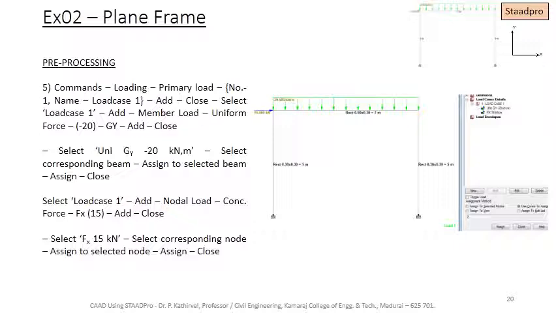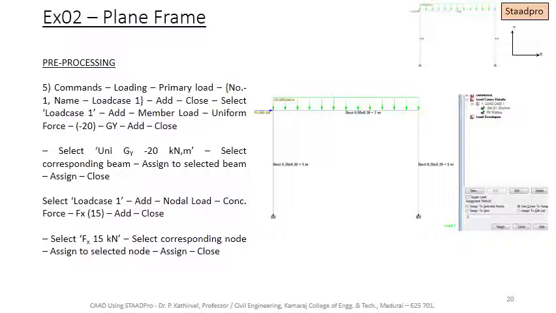So minus due to the downward direction of the load, add and close. So the load gets added but not yet assigned. Now select the load UNI-GY minus 20 kilonewton per meter. Select the corresponding beam, assign to selected beam, assign and close. Now you can see a UDL is assigned on the beam of intensity 20 kilonewton per meter in the downward global y axis.